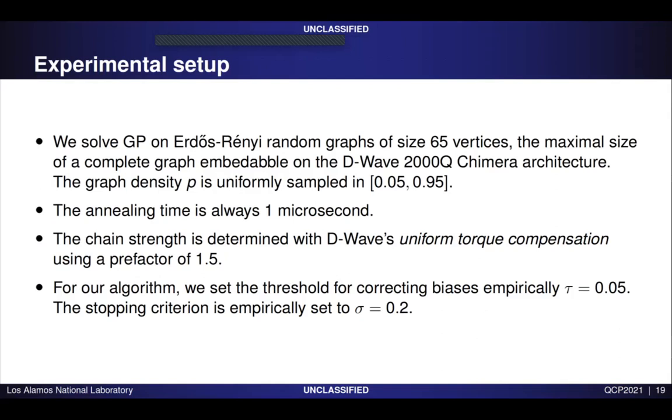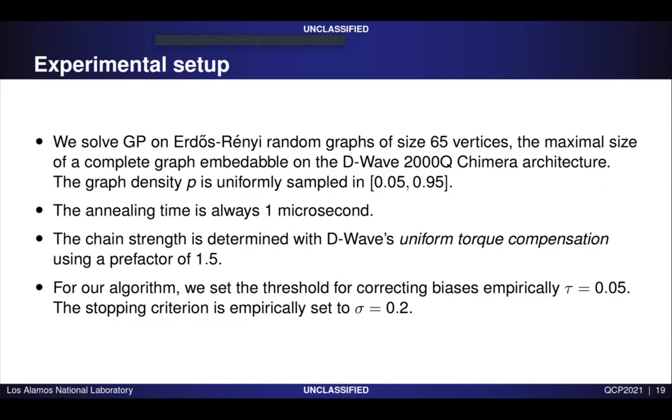For the experimental setup, we will solve random graphs of size 65 and random density between 0.05 and 0.95. The reason for using 65 nodes is because a 65 node complete graph is the largest complete graph we can embed on the Los Alamos National Laboratory's D-Wave 2000Q. We also fix the annealing time to be 1 microsecond.